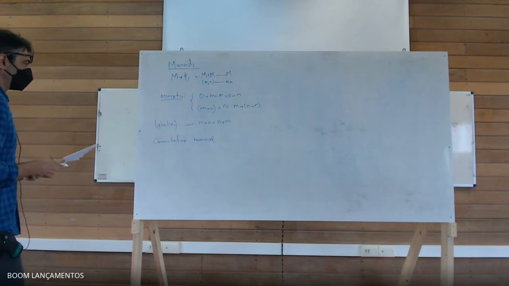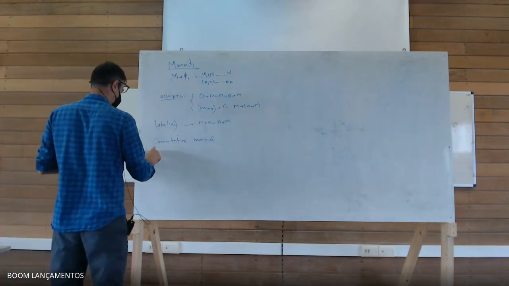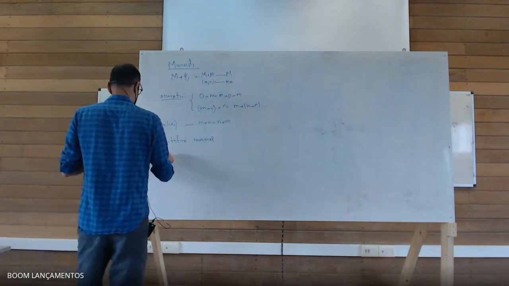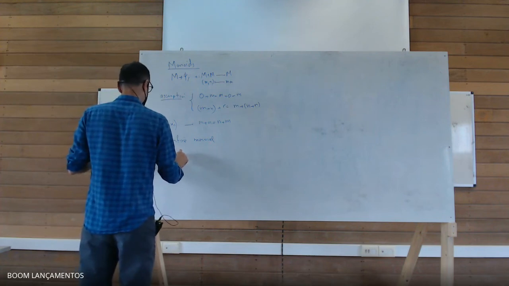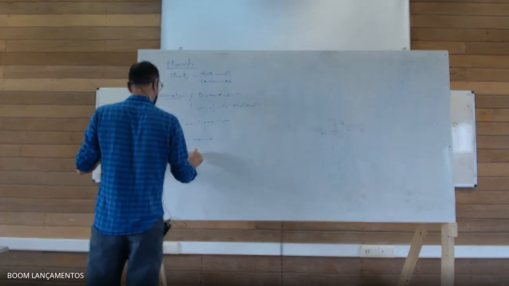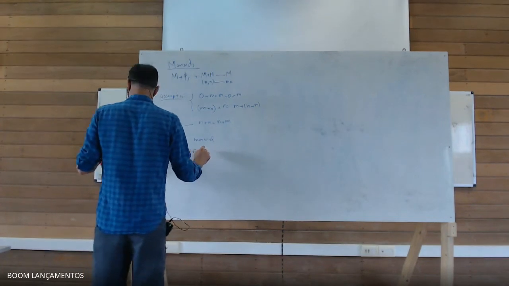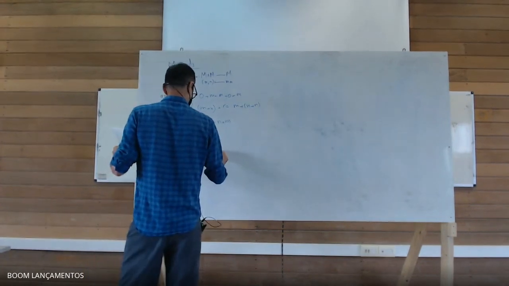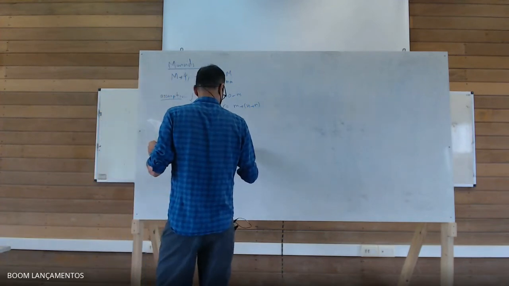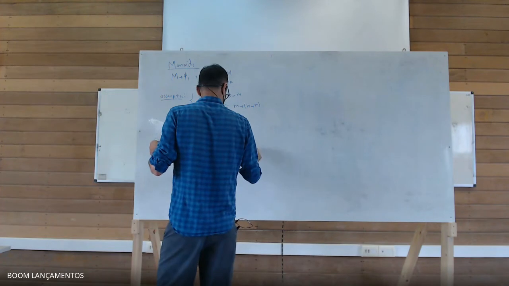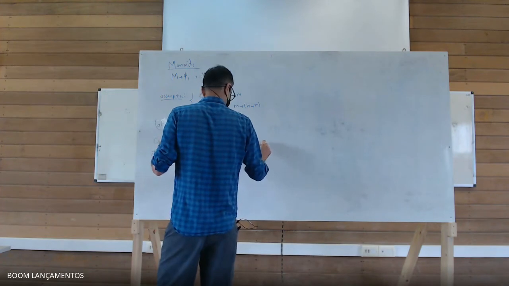Let me give you two references. One is this book, Rosales and Garcia Sanchez. I think they are from Spain. It's called Finitely Generated Commutative Monoids.